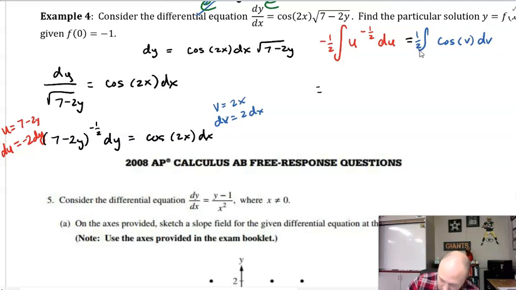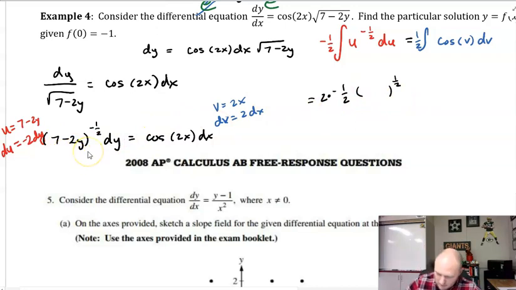So now this gives us negative 1/2. The integral of u to the power of negative 1/2 is just going to be u to the power of positive 1/2, and I'm going to divide by my new power 1/2, and that's just multiplying by the reciprocal of my fraction, times 2. Now I'm going to swap back out to my y's.